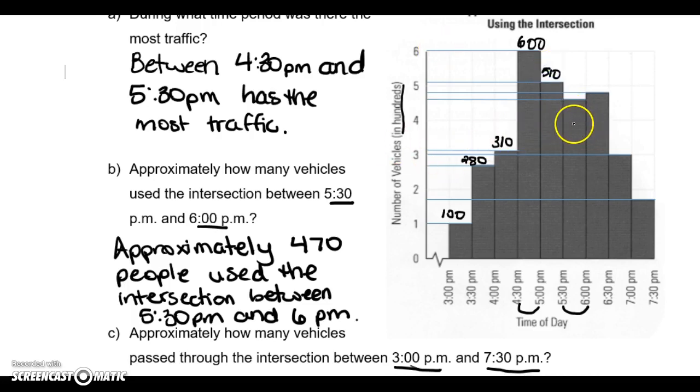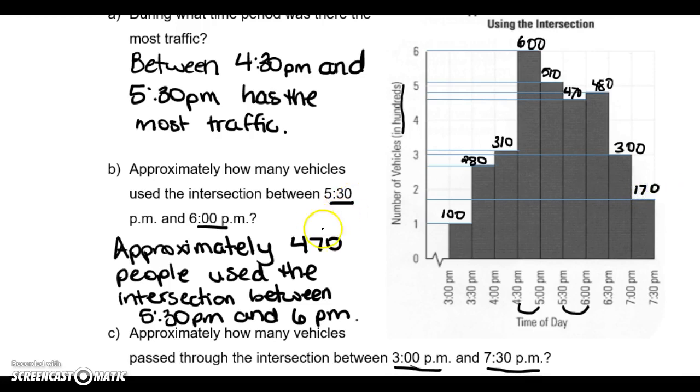From 5:30 to 6 p.m., as we stated in part B, we had 470 people. Then from 6 p.m. to 6:30, we had 480 people. From 6:30 to 7, that looks like it's almost exactly on 300. Then from 7 to 7:30, that looks like approximately 170 people.